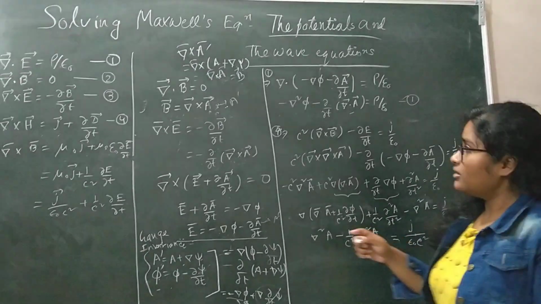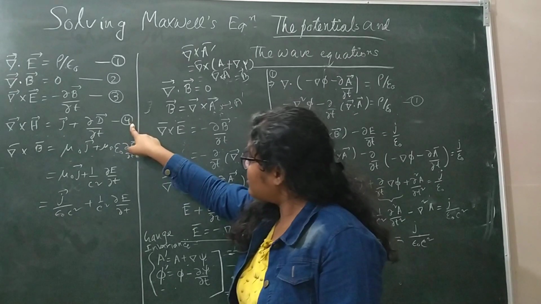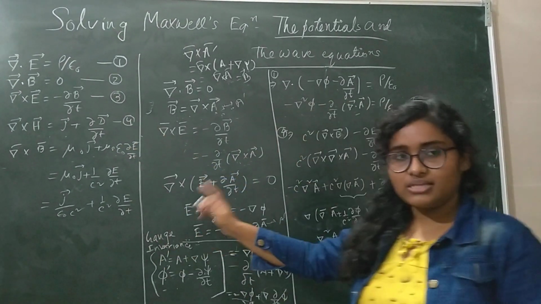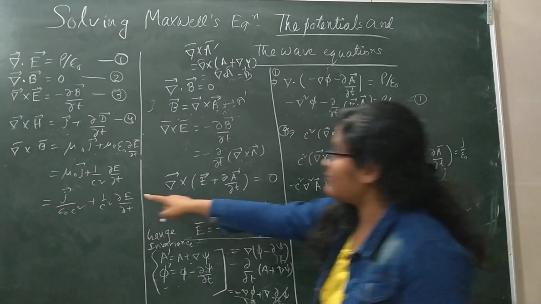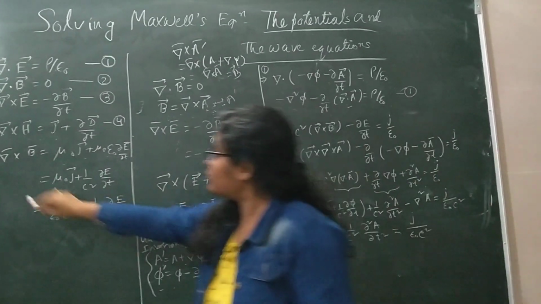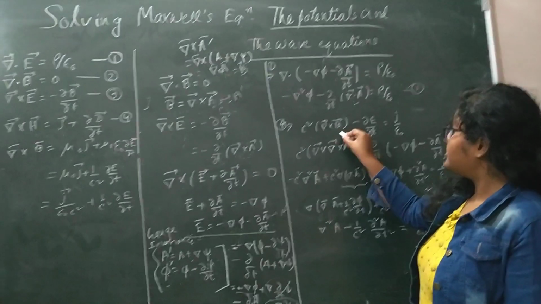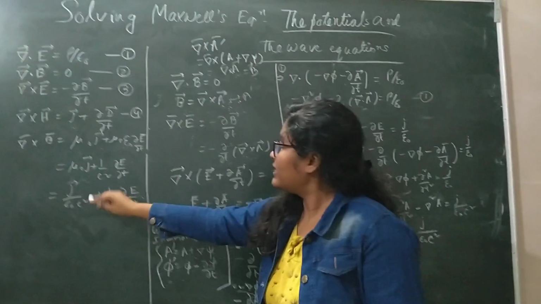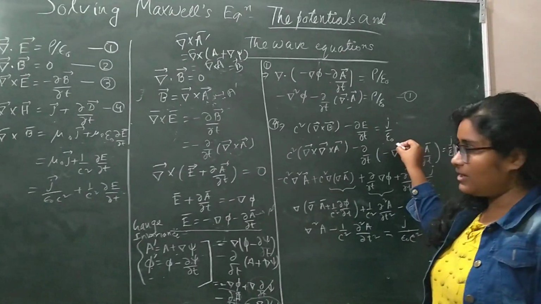Another equation is from equation 4. All the forms are the same, so I take the j by epsilon naught form, that is the last form. I take c square here: c square into curl of B minus del E by del t equals j by epsilon naught.